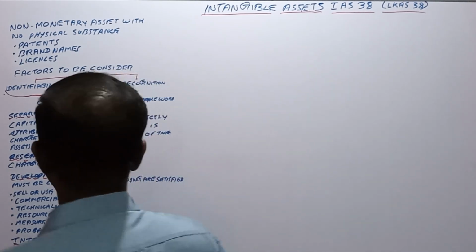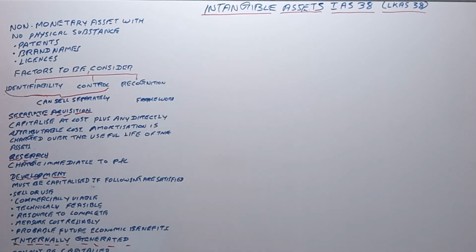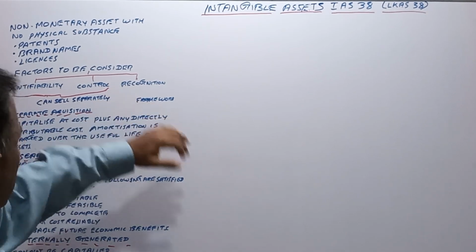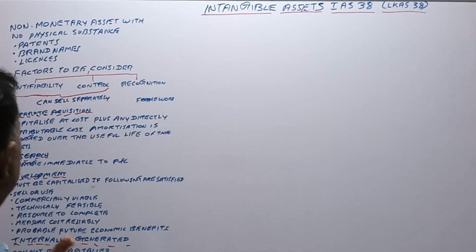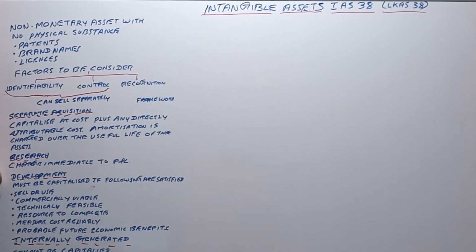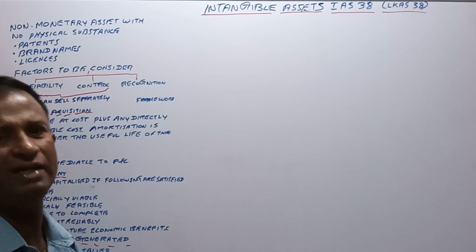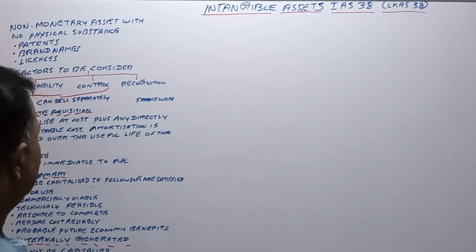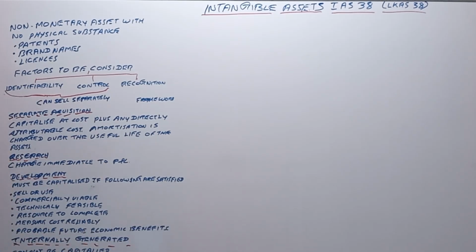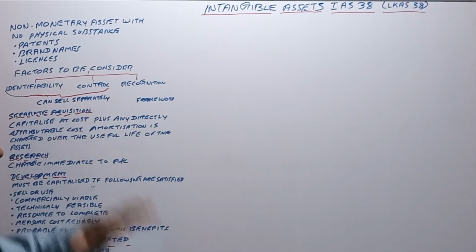So identifiability means you should be able to identify it easily, and control means you must have ownership. If you have the ownership, control is with you. Separate acquisition: if you purchase a patent separately, capitalize it at cost plus any directly attributable cost.